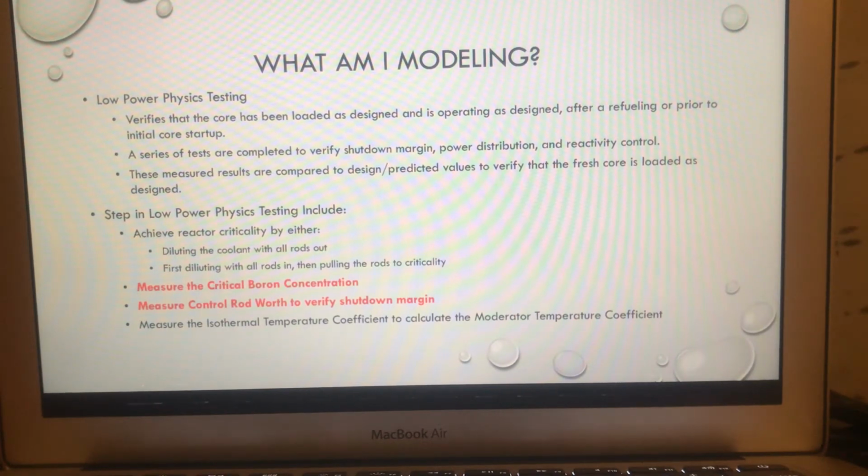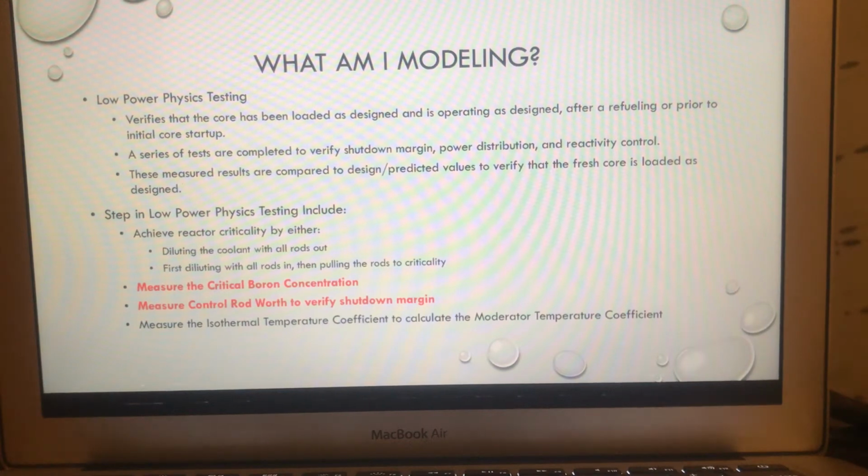The next step, or one of the steps after that, is to measure the critical boron concentration, and that's how much boron is in your water or coolant to make your reactor critical.